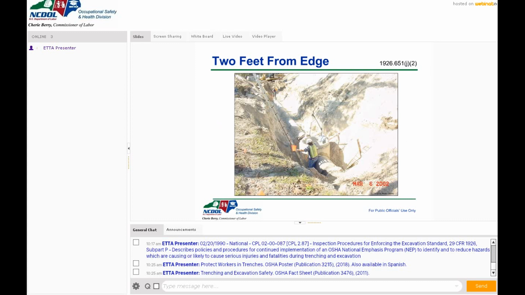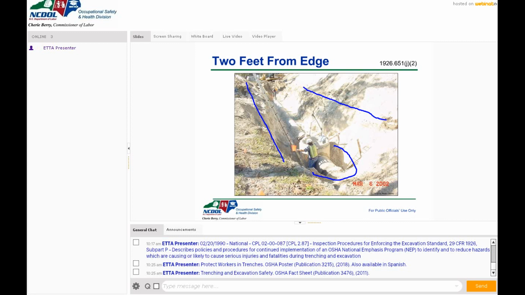Here's a great example of what we were talking about. All right, as long as these folks are outside that manhole, they don't fall under the trenching excavation standard. But we don't have 2 feet over here either. Those are things that you will see.